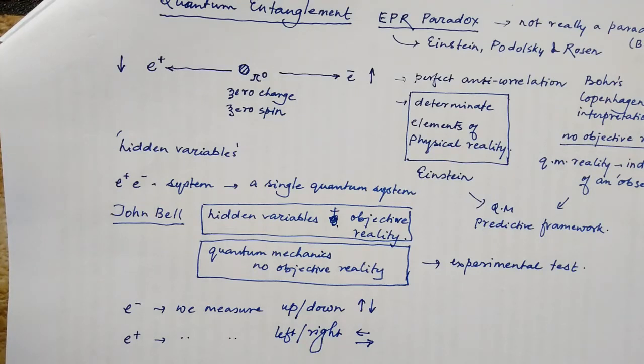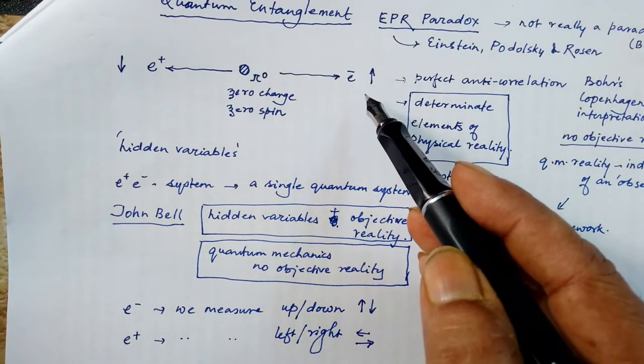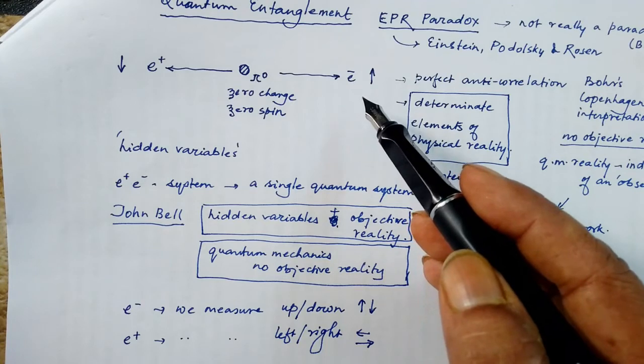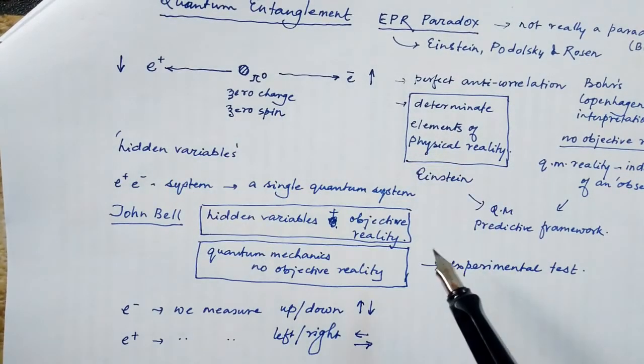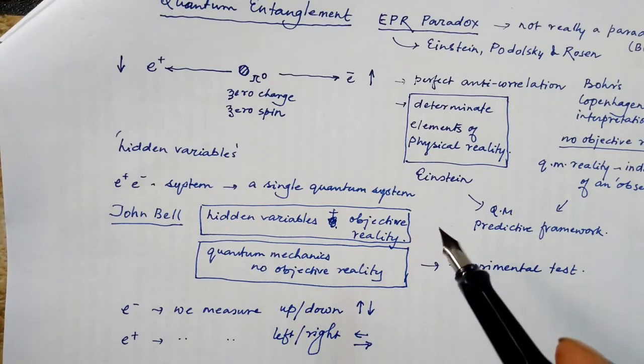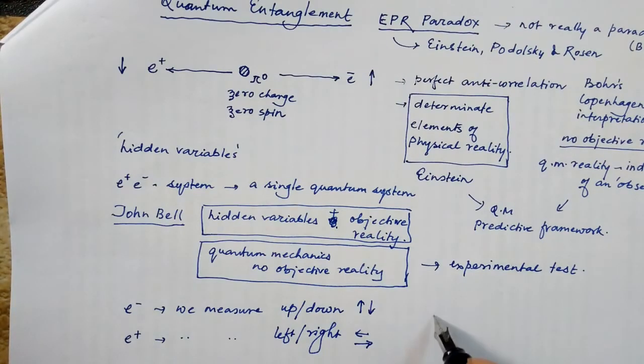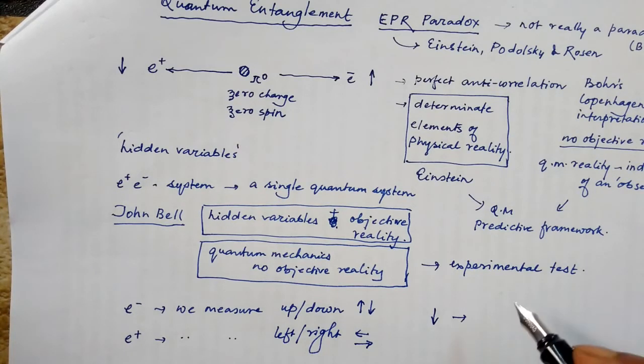Basically, if we find that the electron is in the up position, the positron state must be down, and by standard quantum mechanics, a down state may be written as an equal superposition of left and right eigenstates.